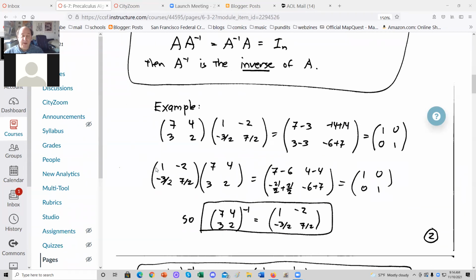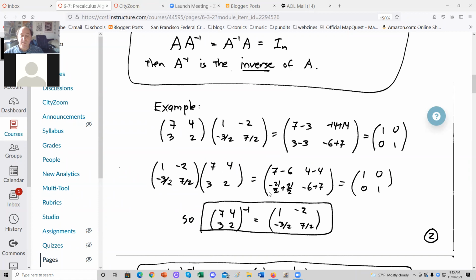And if we multiply them the other way around: 1, negative 2, negative 3 halves, 7 halves times 7, 4, 3, 2. Upper left entry is 1 times 7 plus negative 2 times 3, 7 minus 6, which is a 1. Upper right entry is upper row times right column. 1 times 4 is 4. Negative 2 times 2 is minus 4. 4 minus 4 is 0. Lower left entry, lower row times left column.